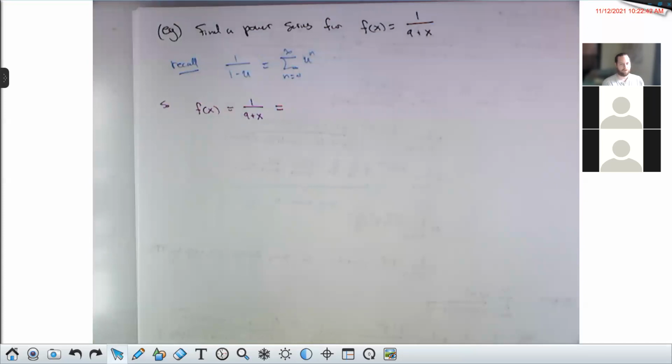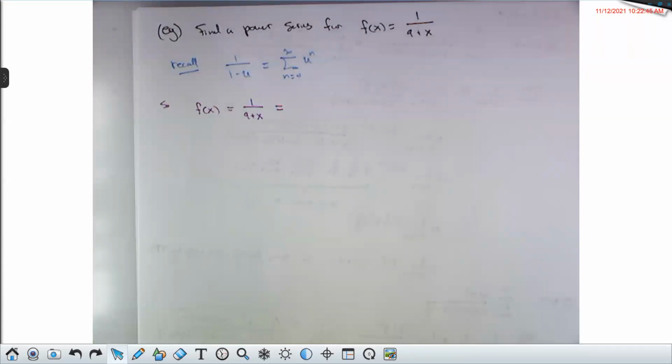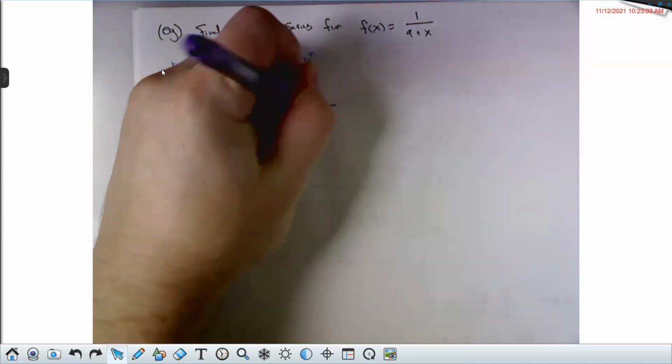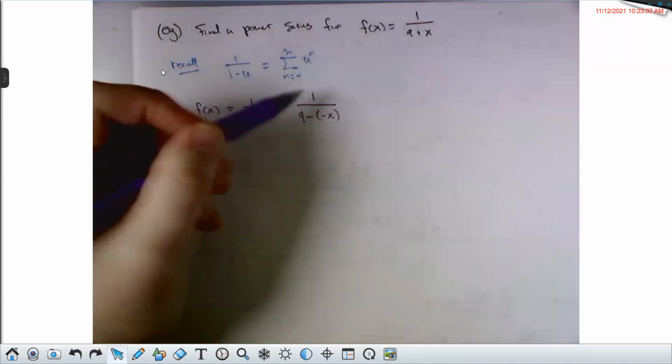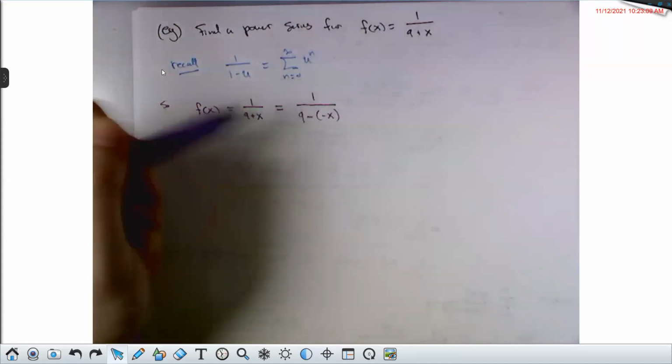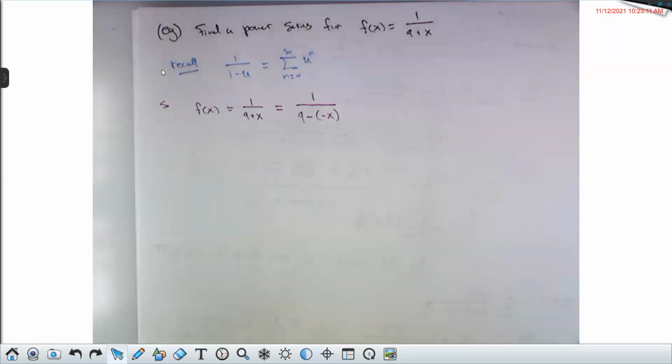What algebra can I do? Yeah, well, almost. Writing the plus as minus minus, that is something we're going to do. We can go ahead and do that at this step. I could write this as 1 over 9 minus negative x, and that gets me a 1 over 9 minus something, but the 9 is still a problem.